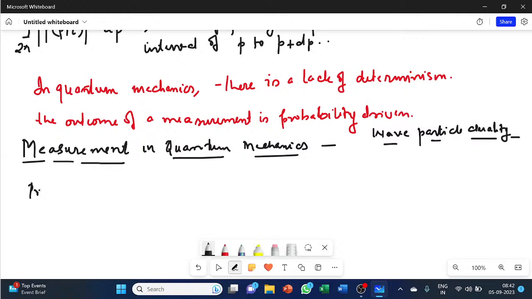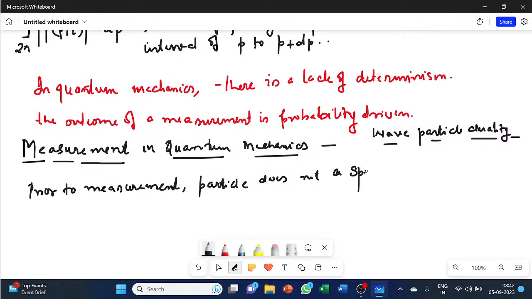So prior to measurement, the particle does not have a specific position.